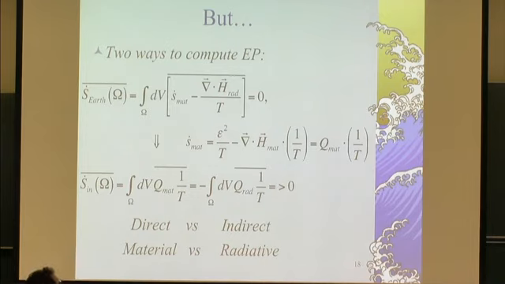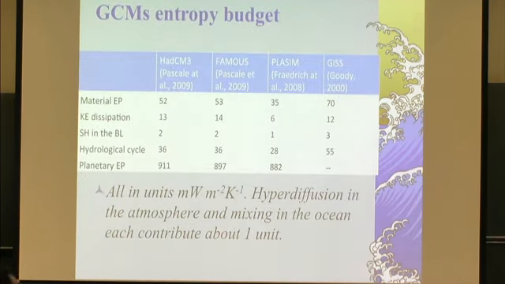So you can use this and compute entropy production, and the number you get is of the order of, this is a number to remember, 50 milliwatts per square meter per Kelvin as the average rate of entropy production of our planet.